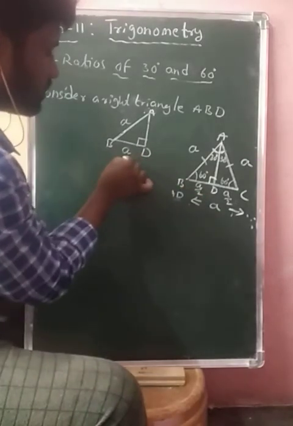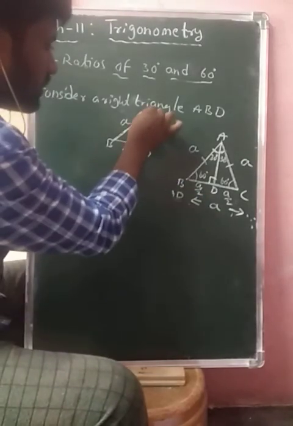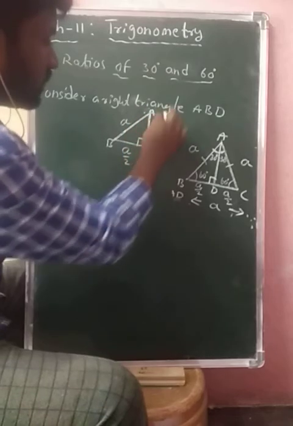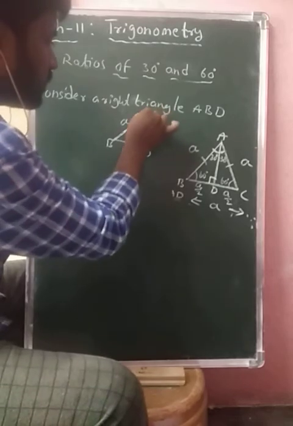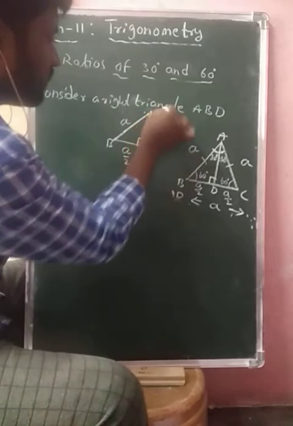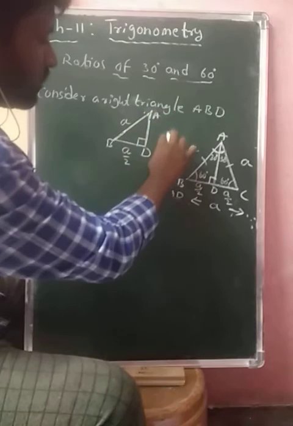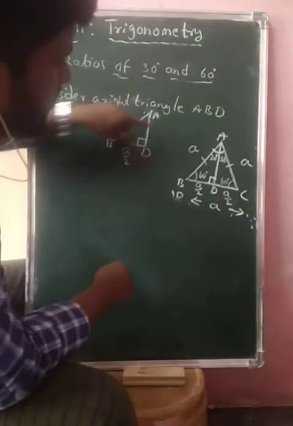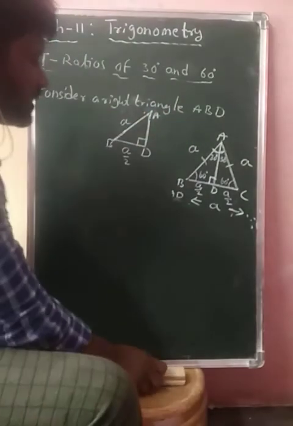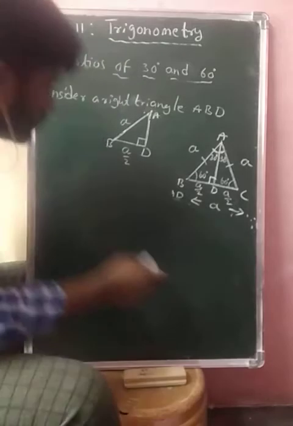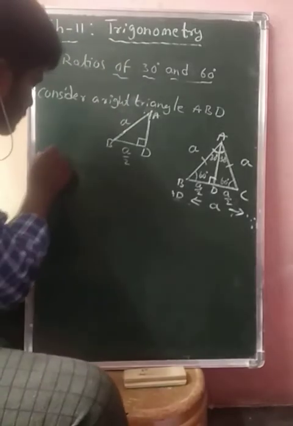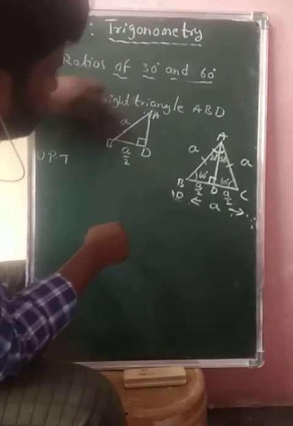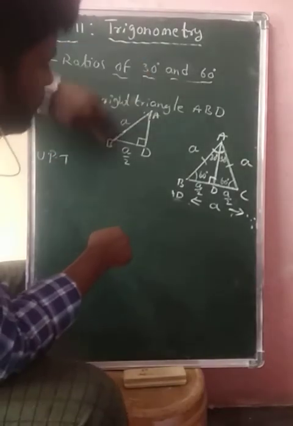So we don't know the altitude, nothing but the height AD, we don't know. We need to find the height of AD. See now what I am doing. Using Pythagoras theorem for this triangle ABD.